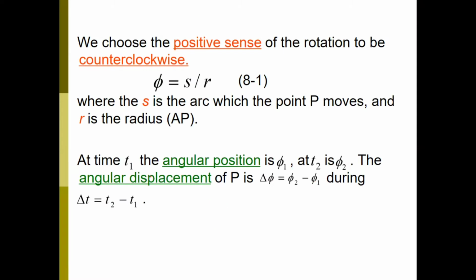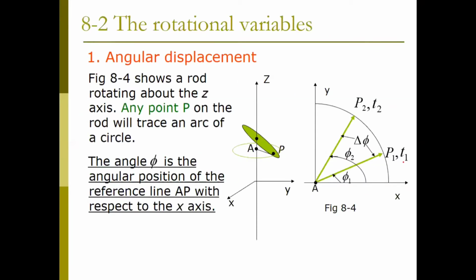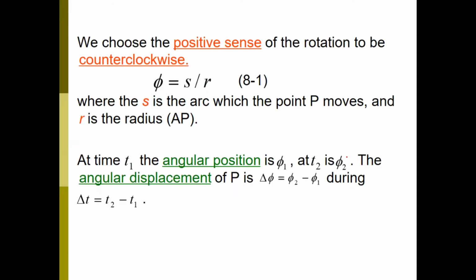And at time t1, the angular position is theta 1, and at t2 is theta 2. At t1, theta 1, this is your angle 1. At t2, or period 2, is theta 2.